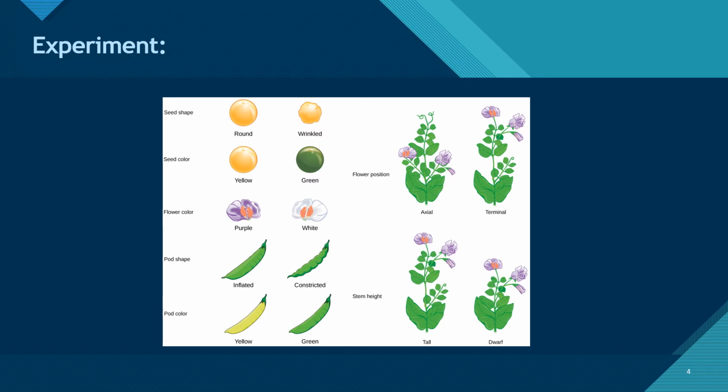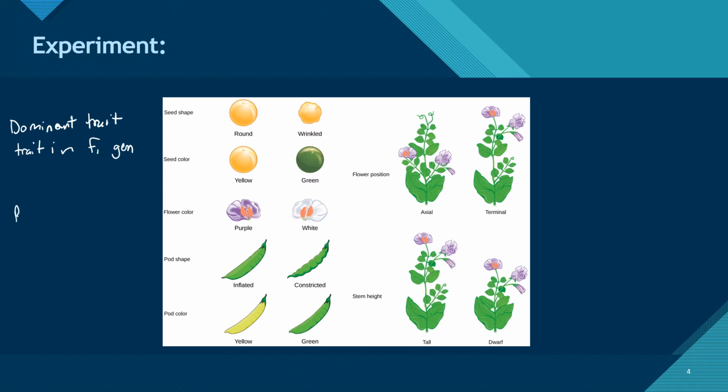So he determined that the dominant trait, I'll write this out over here on the side so we can remember, was the trait that was expressed in the first generation. We call it the F1, and that just means first generation.